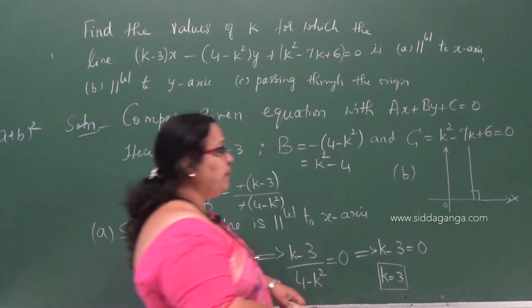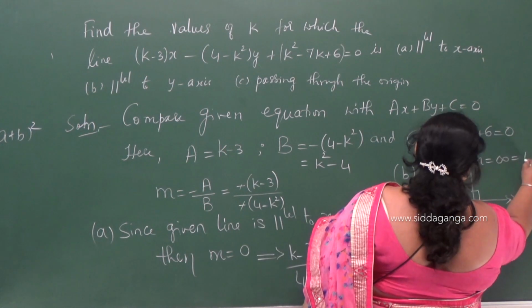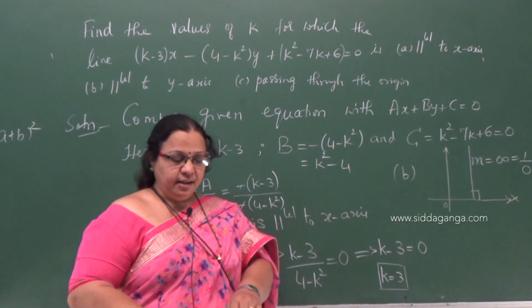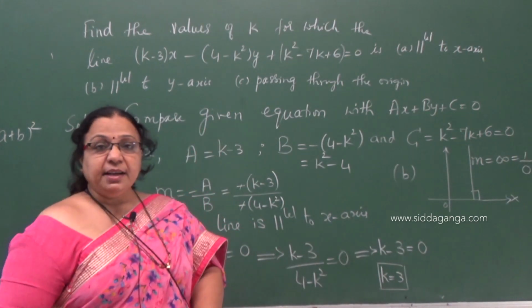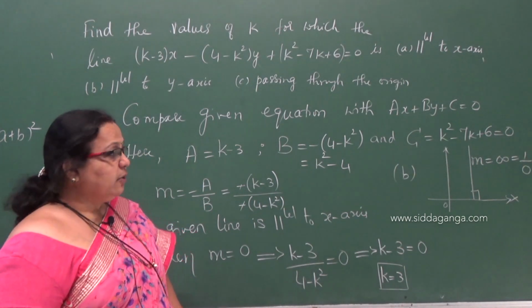So the slope m equal to infinity, we have to take it as 1 by 0.